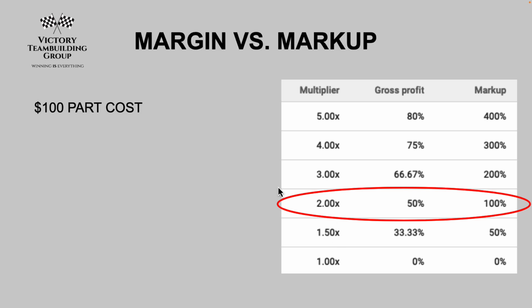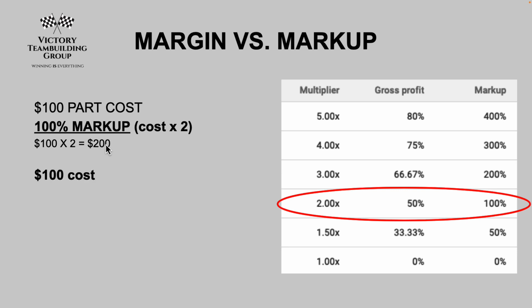Okay, so we take our $100 part cost and we do 100% markup. So that, as you see here, is the cost times 2. That gives us 100 times 2 equals $200. Okay, so we have a $100 cost and a $100 profit, $200 sale.